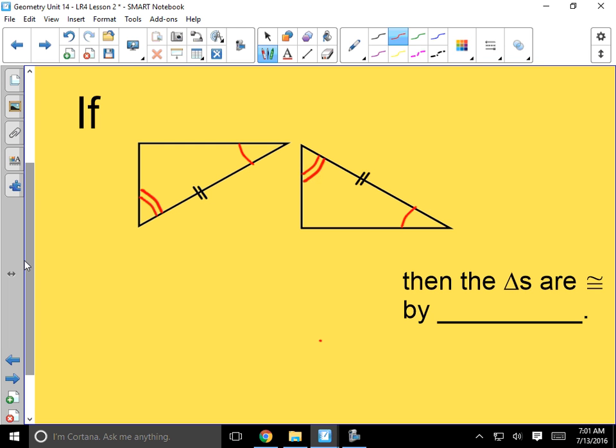Okay, now what's not locked in is this side and this side. Those side lengths are not locked in based on what we're given. But what happens is, since this side is locked in distance-wise, we know where these two angles start.